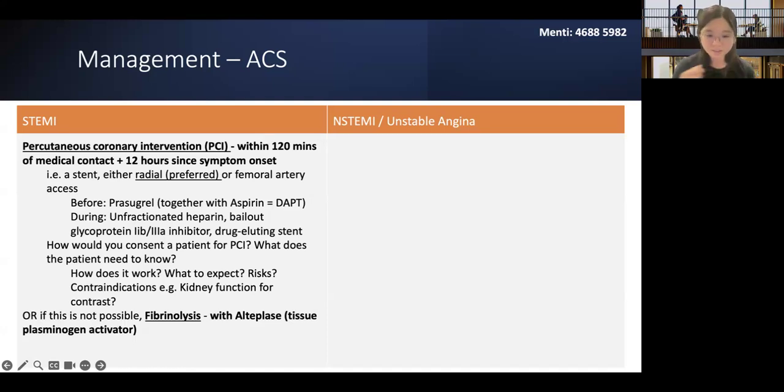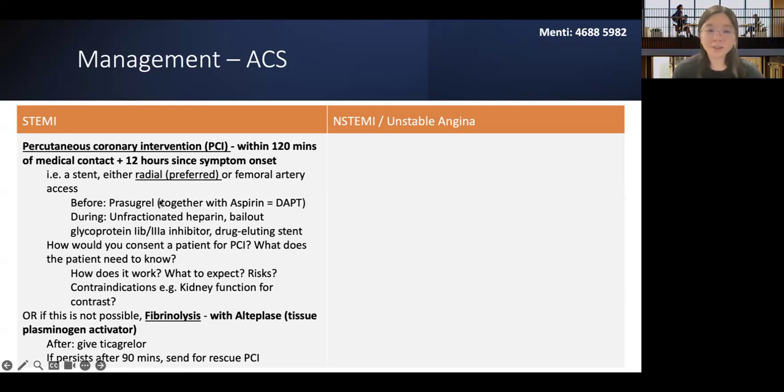You're putting a wire into the vessels, there could be a rupture, and of course, infection is possible, and the contrast might be damaging to the kidneys. And for the fibrinolysis, you will want to monitor their condition, and if it's still going on after 90 minutes, you would send for a rescue PCI.